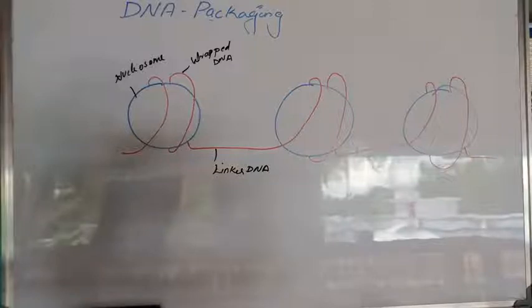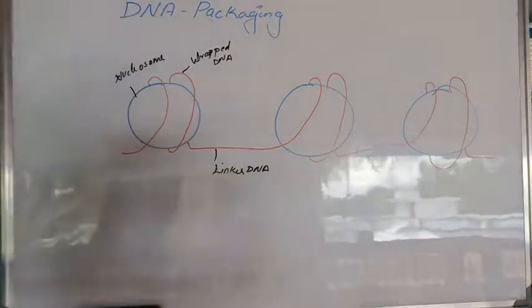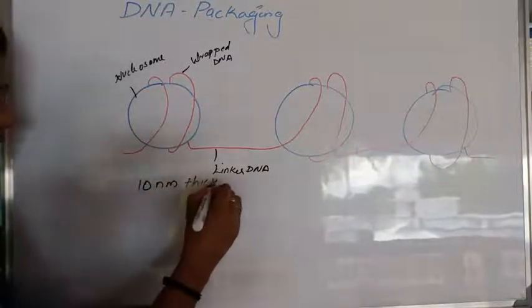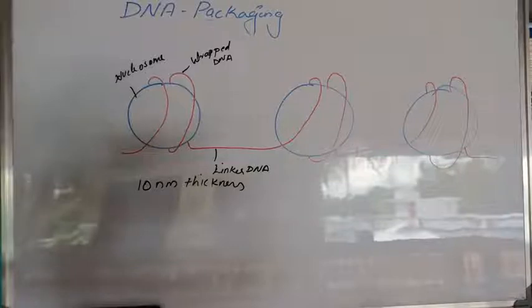Then the nucleosomal organization provides a chromatin fiber approximately 10 nanometer in thickness. That is, by this structure the chromatin becomes 10 nanometer thick, which gets further condensed to produce a solenoid model.